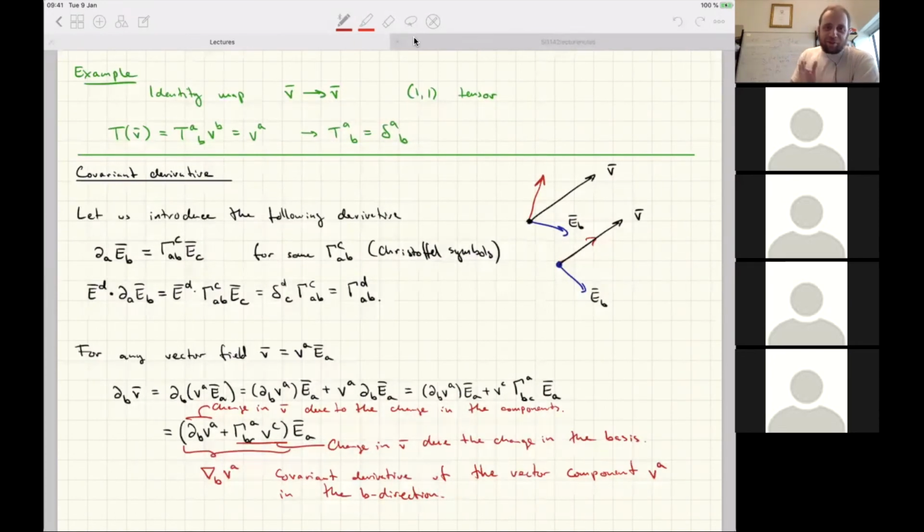One has to be very precise when one says this, so I'm going to try to say it slowly. Let's look up here at the definition of the Christoffel symbol. If you look at C, it's the component in the C direction, because it comes with the EC.